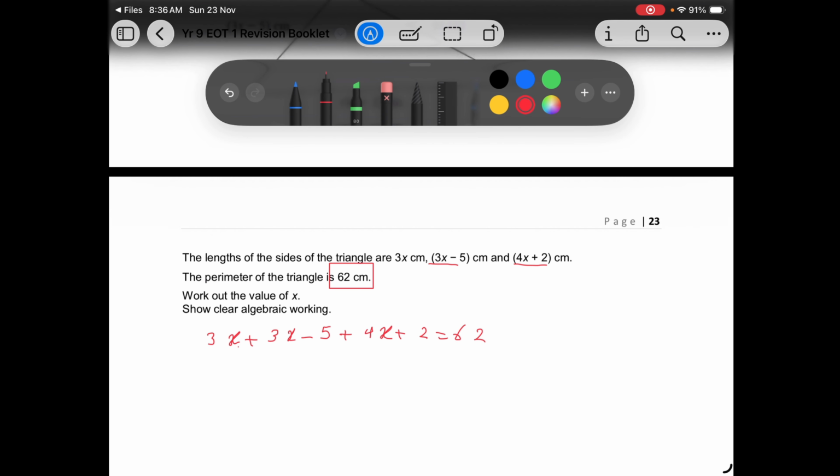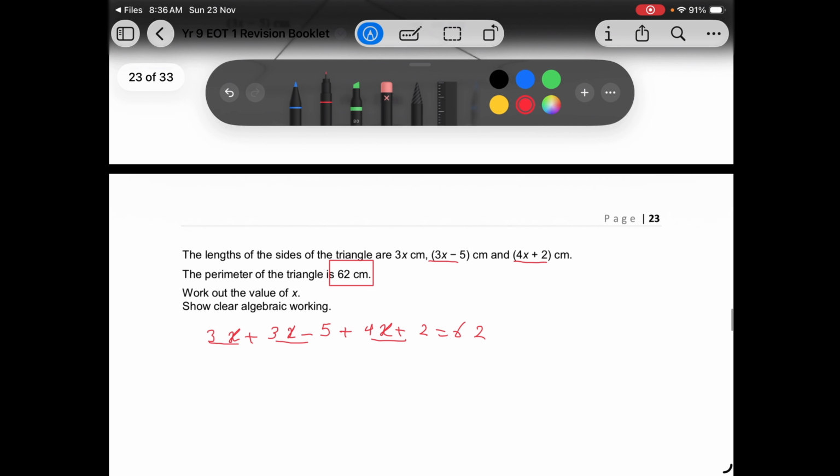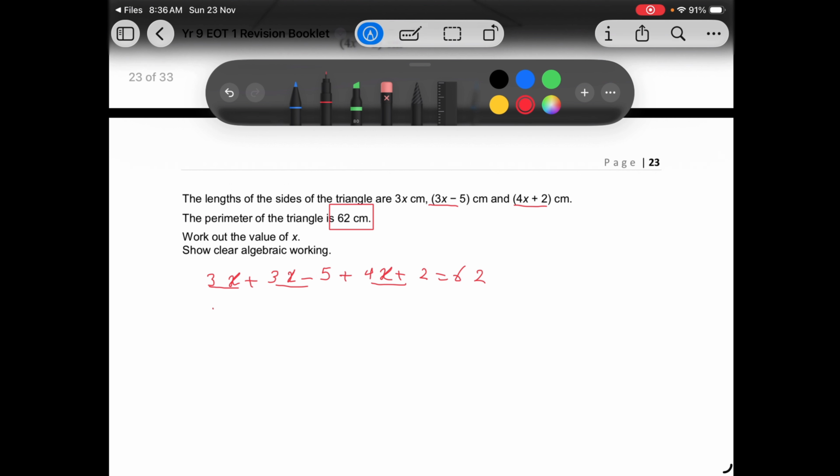Then I will add all the variables, the unknown x's. So 3 plus 3 plus 4 will be 10x. Then for the constants, minus 5 plus 2 will be minus 3.